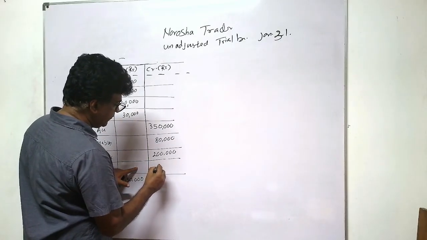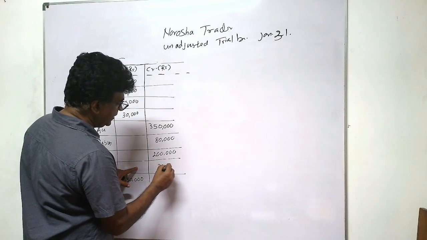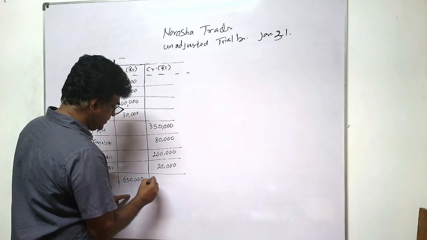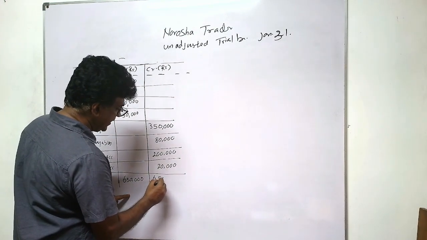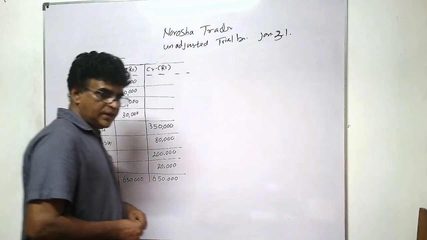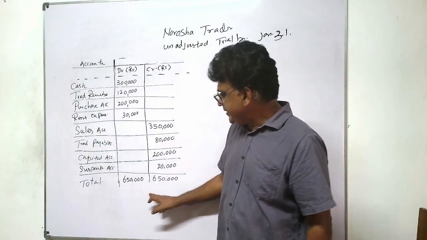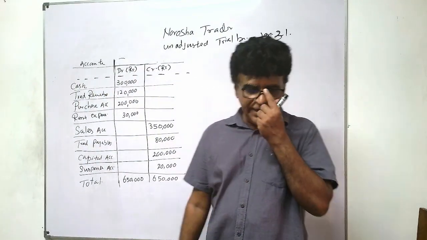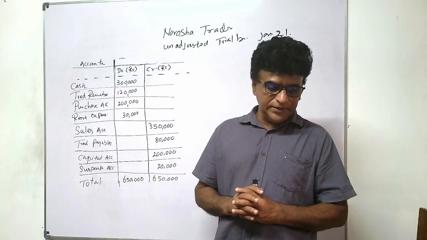Suspense account's value is 20,000 rupees and the total 650,000. Now this is in the unadjusted trial balance, not in the adjusted trial balance.